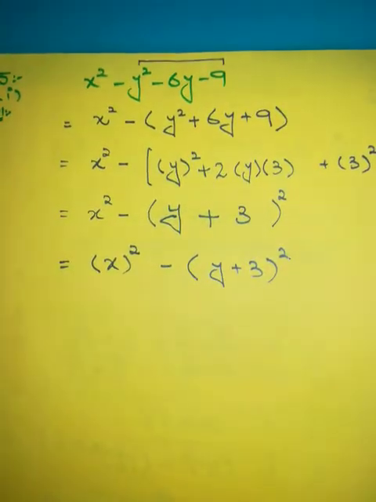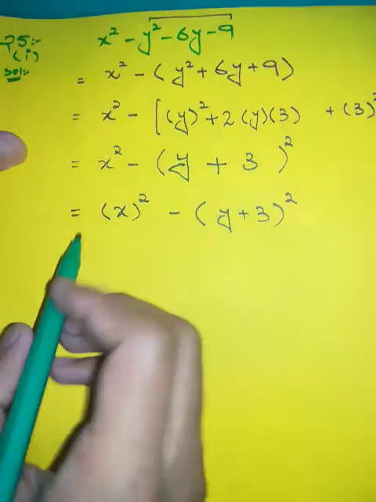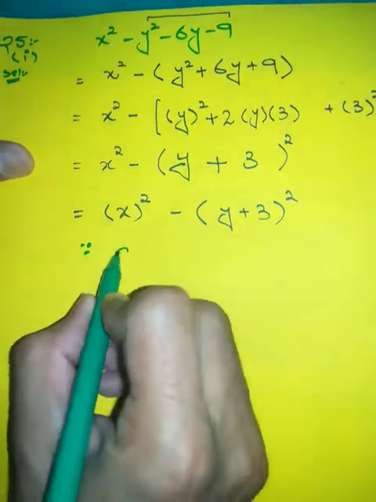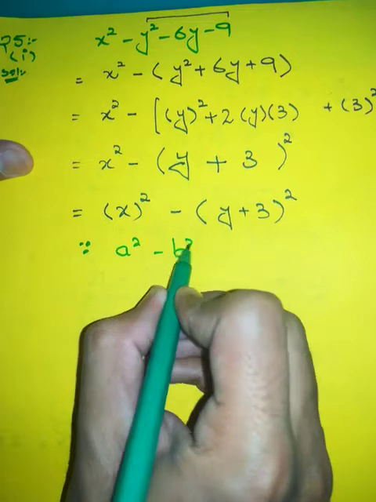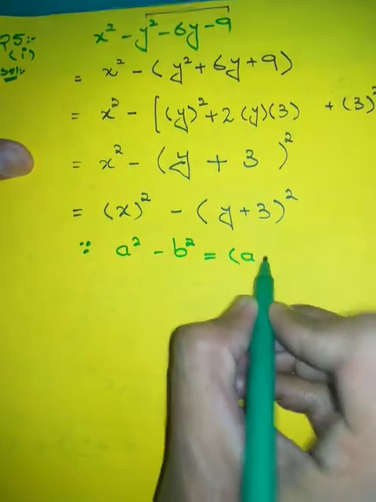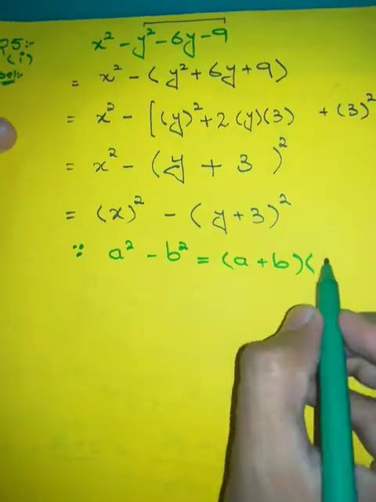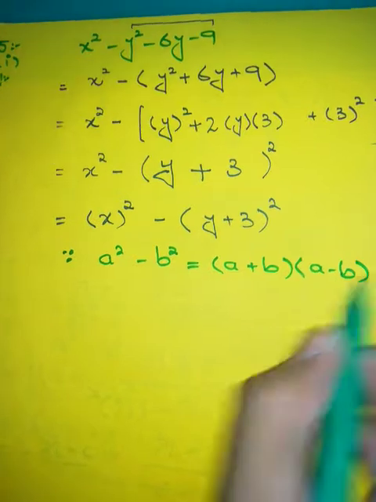Now by using another identity, a square minus b square, which equals one factor with a positive sign between them and one factor with a negative sign between them.